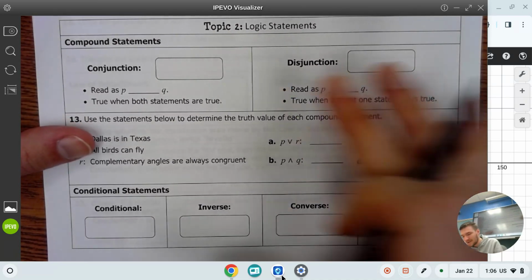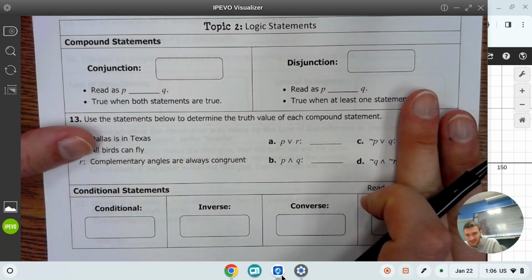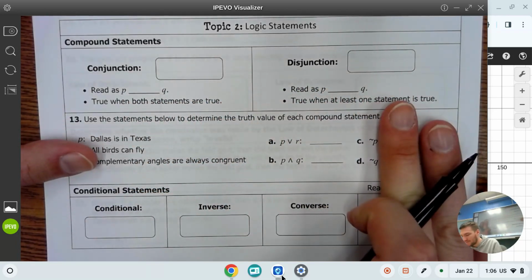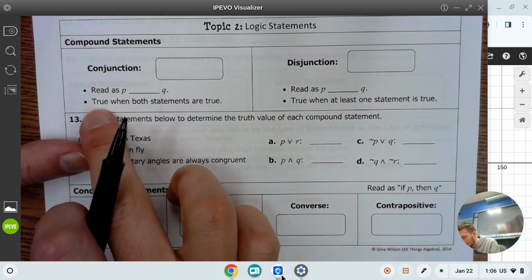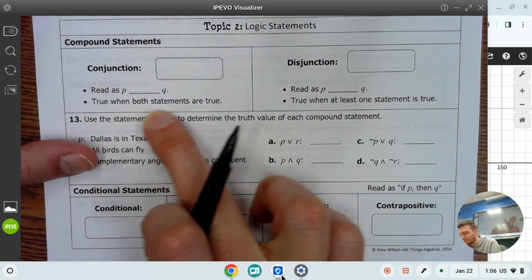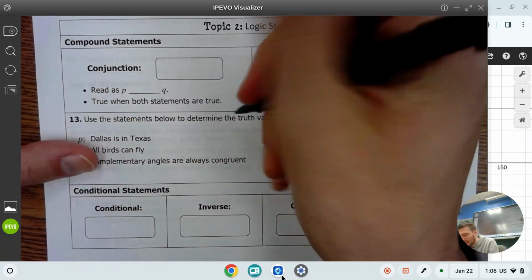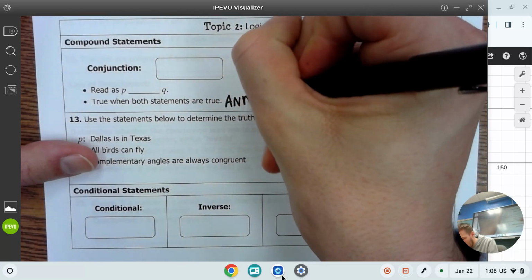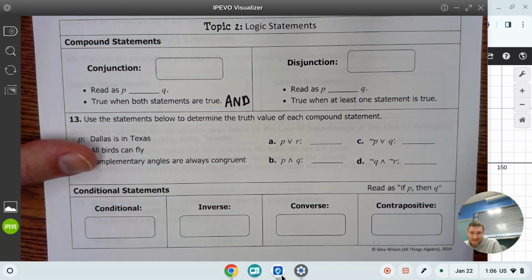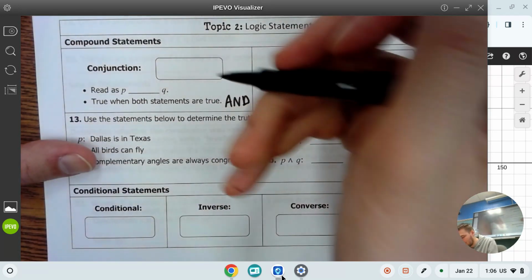Okay? You got conjunction and disjunction. And if you don't quite remember these, a conjunction is only true when both statements are true, right? That would be like the word and, because they both have to be true.